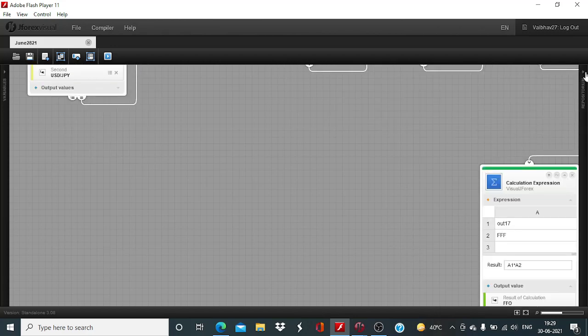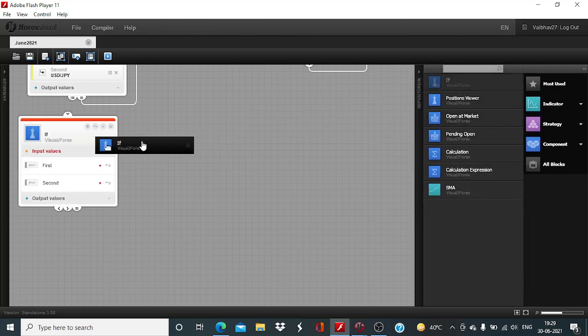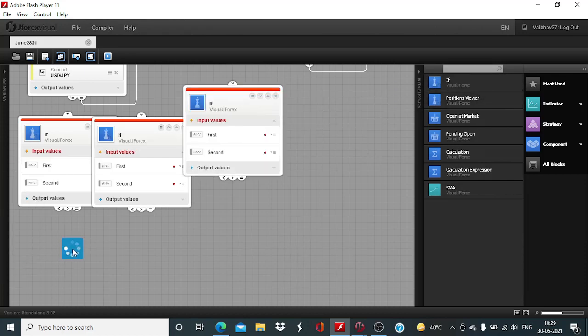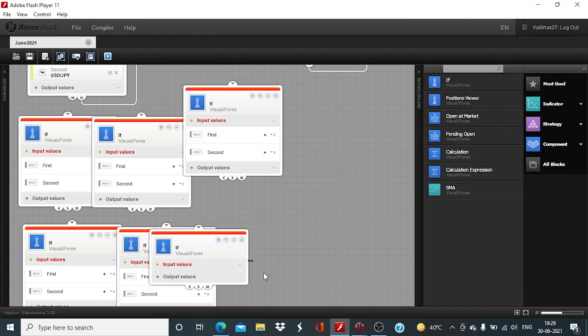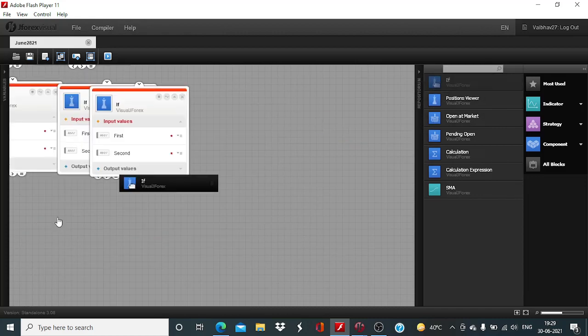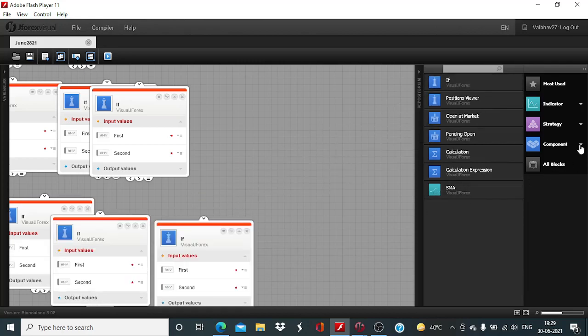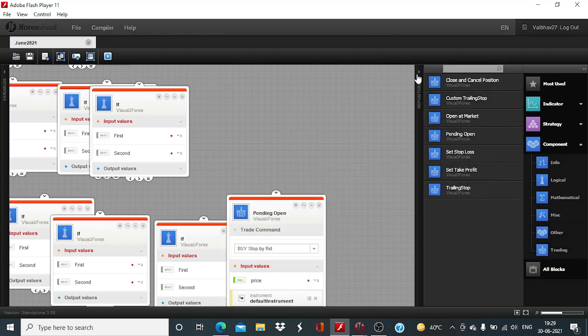So I will add first 9 if blocks, three more needed, and after this the trading block of pending open.